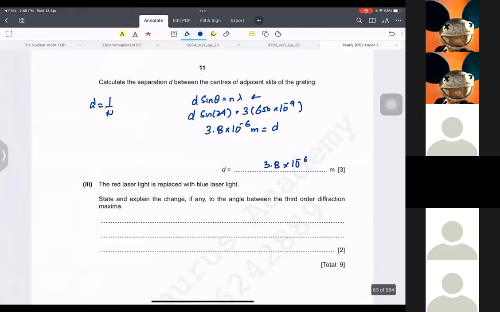Now the laser light is replaced by blue laser light. State and explain the change, if any, in the angle. So the angle will definitely decrease.